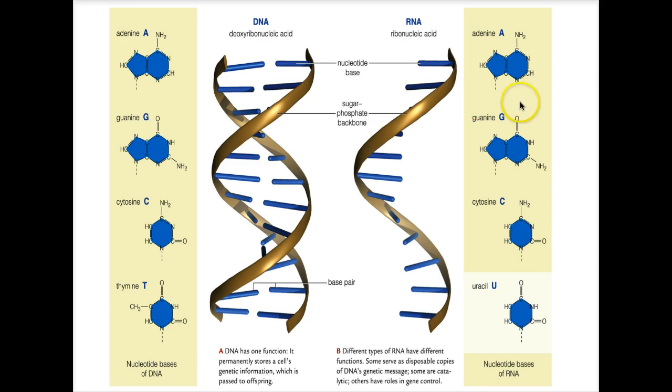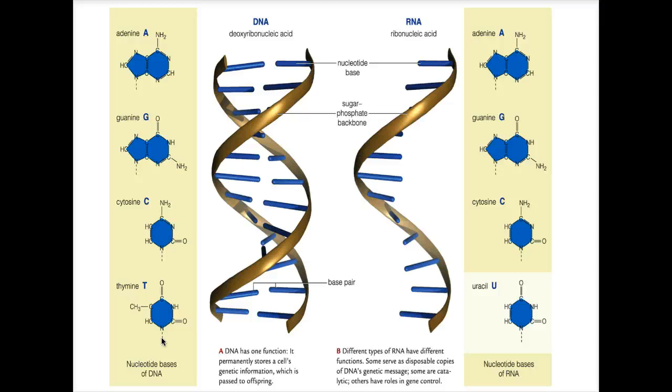The two rings are called purines. The single-ringed are called pyrimidines. Please notice that we have an adenine in RNA as well as a guanine, so our purines are the same in DNA and RNA. We also have a cytosine in RNA as we do in DNA, but we do have a unique exception here with uracil. Uracil is a pyrimidine only found in RNA, just as thymine is a pyrimidine only found in DNA.